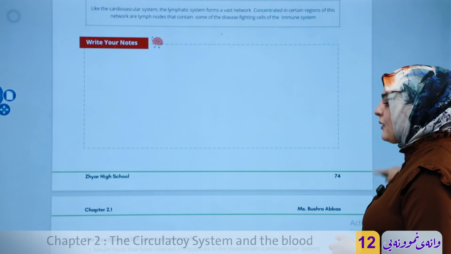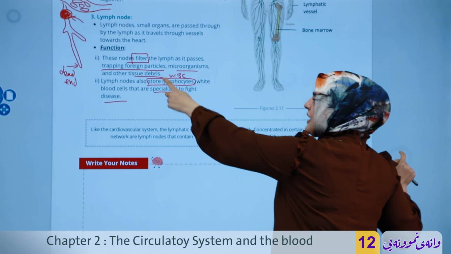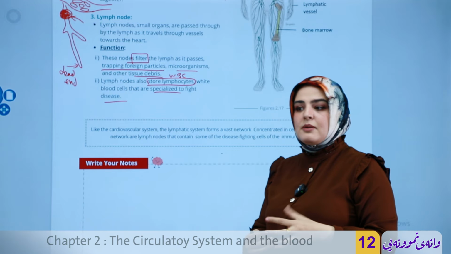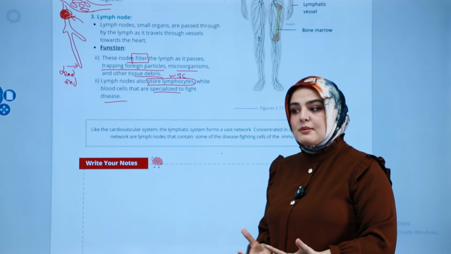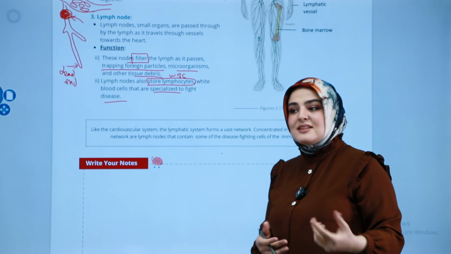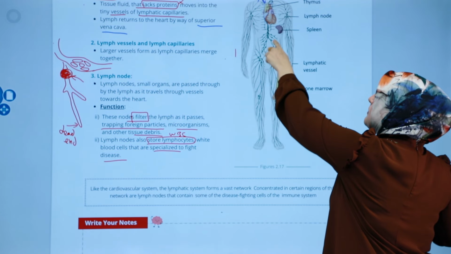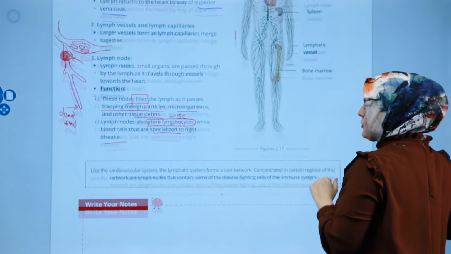If you remember, I said two things. One of them was that they are filtering particles. That's because between the tissues, if there's any cut or any problem, it's more likely that there will be debris and microorganisms. In order to prevent the blood from being contaminated, these filtration systems of nodes are going to make sure that everything gets checked before it gets back to the blood.